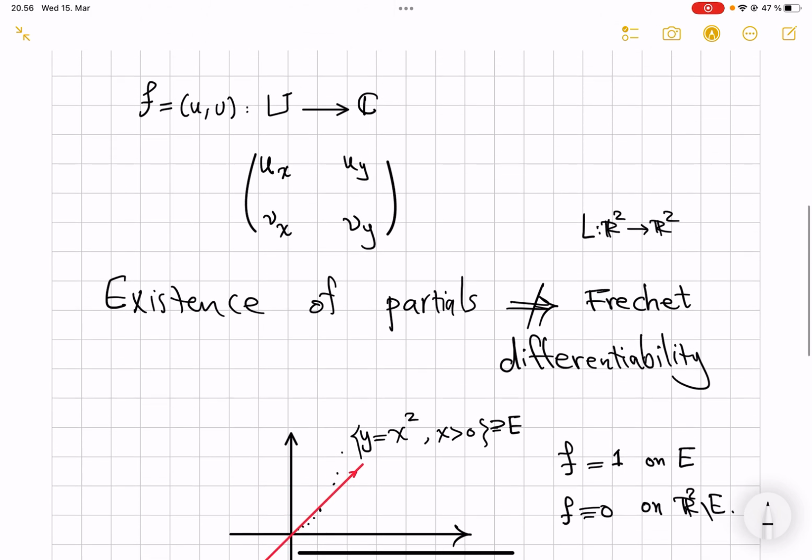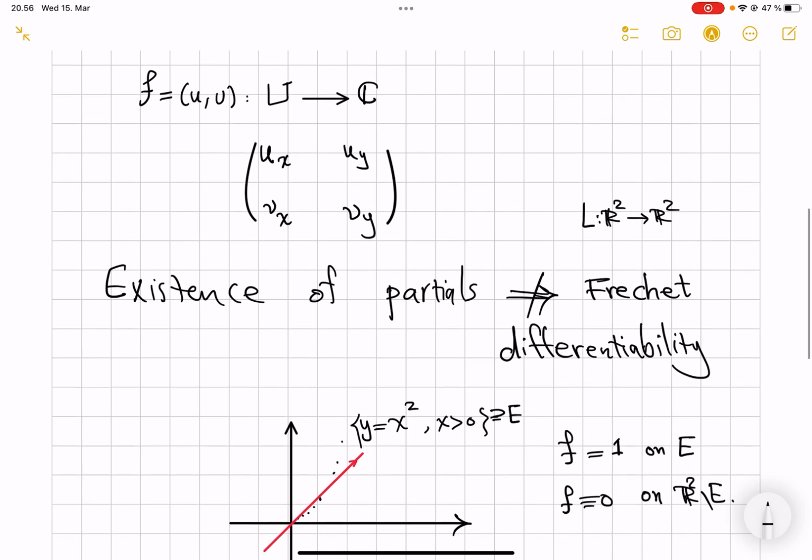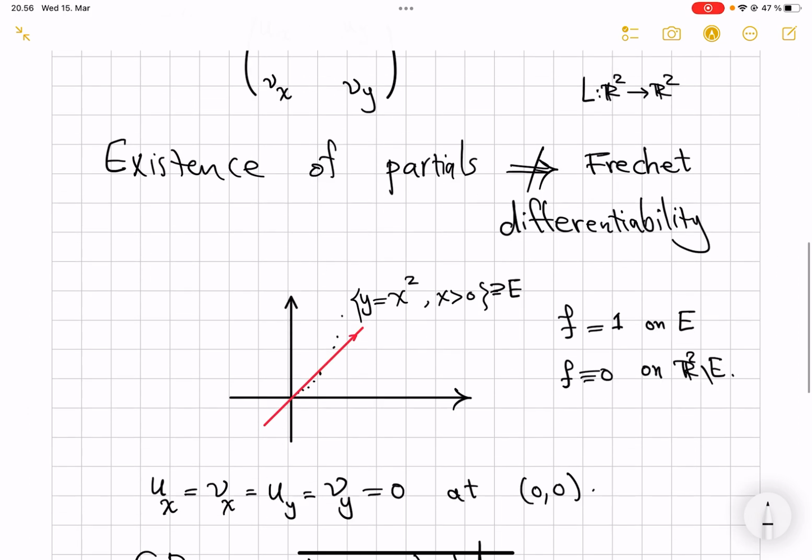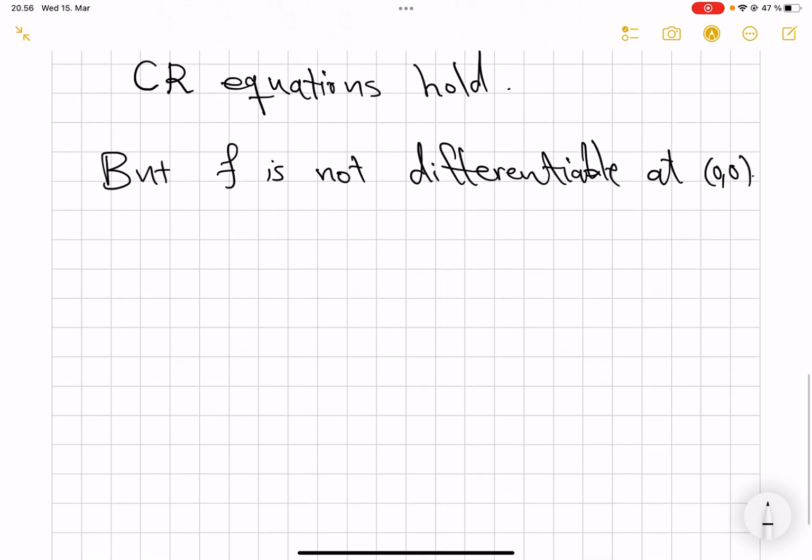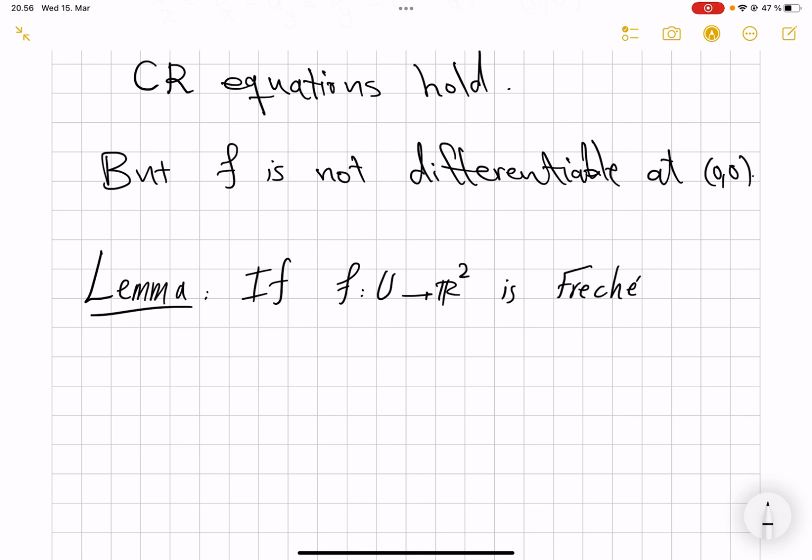So what is this thing we have to remember from complex analysis that Cauchy-Riemann implies complex differentiability? That is this lemma. If we know that f, viewed as a function from a subset of R2 to R2, is Frechet differentiable, and, if it is Frechet differentiable, definitely partials exist.